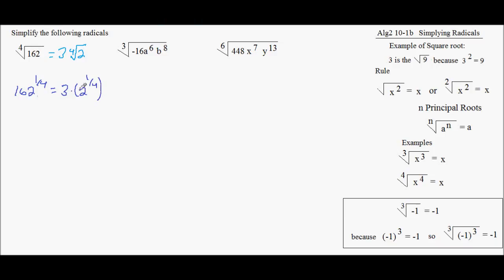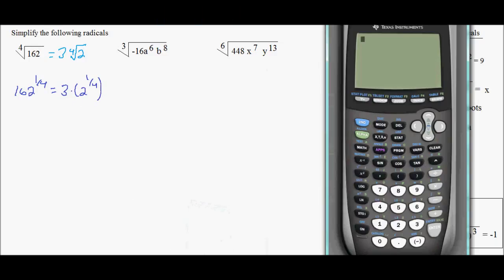If I use a calculator, I could prove that this is true. I take 162, and I have to use this caret key, which is the exponent key, and put 1/4 in there, 1 divided by 4. I get 3.567 and so forth. Then I take 3 times 2 to the 1/4, again 1 divided by 4.